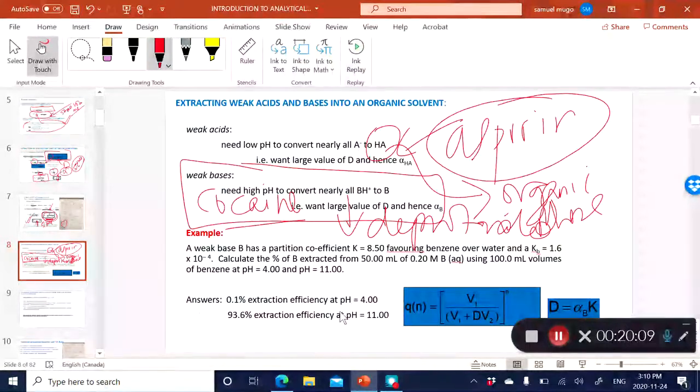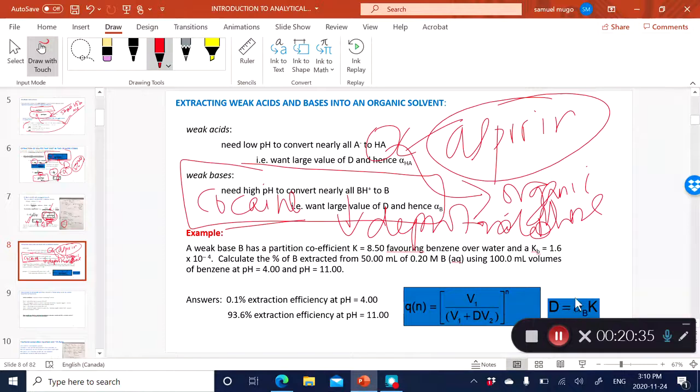And so you've been asked to calculate the percent that got extracted when the pH is at 4 and the pH is at 11. And essentially, all you need to do is invoke this relationship, remembering that the D, or the distribution coefficient, is equal to the partition coefficient multiplied by the fractional composition here.